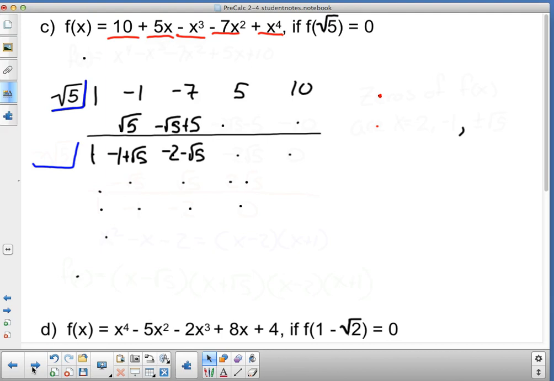I'm going to multiply -2 times the square root of 5 and negative square root of 5 times 5. So I got -2 the square root of 5 minus 5. Okay, and then I add my 5, so I got -2 the square root of 5 as my result as I add them. Now what's really slick about this, I go in the -5, the square root of 5 times the square root of 5 is 5, times 2 is 10, but take its opposite.